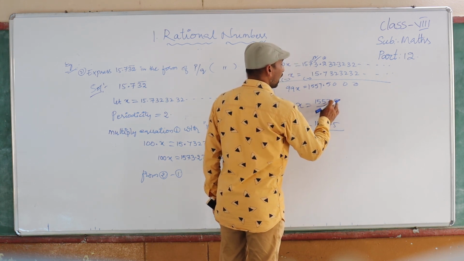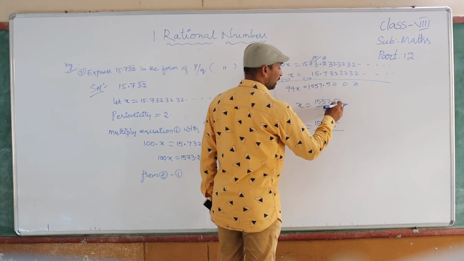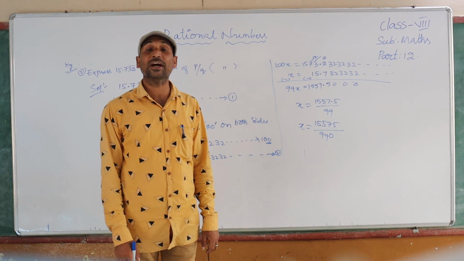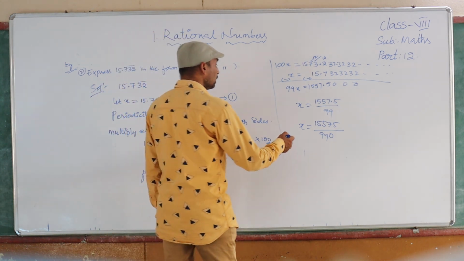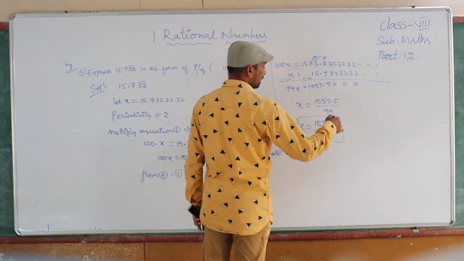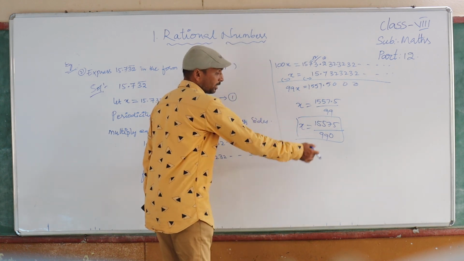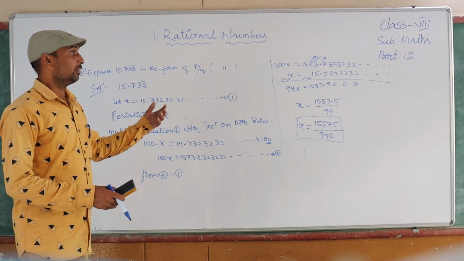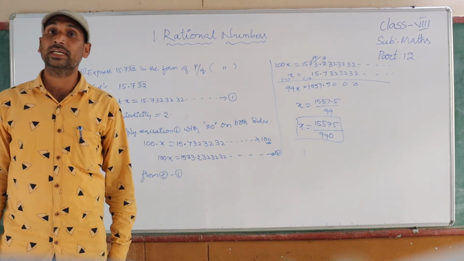For this, since there is one digit after the decimal point, take 10. We can also cancel it with 5. If you want, leave it as it is, or if you want, cancel it and simplify further. So, children, based on this we will discuss exercise problems in the next video.